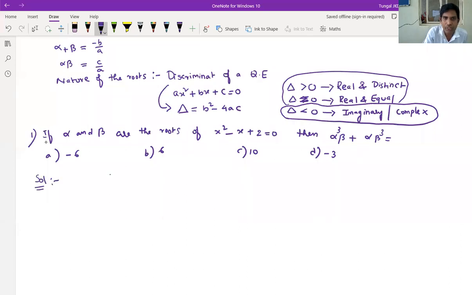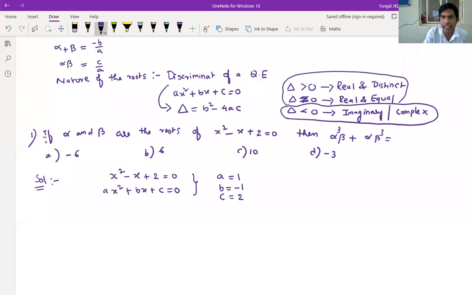So what is the quadratic equation given? X square minus x plus 2 is equals to 0. Here it is in the form of the general quadratic equation ax square plus bx plus c is equals to 0, correct? So now if you compare, a is equals to 1, b is minus 1, c is 2.